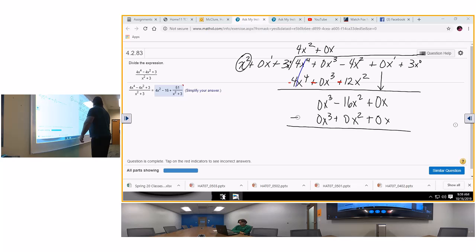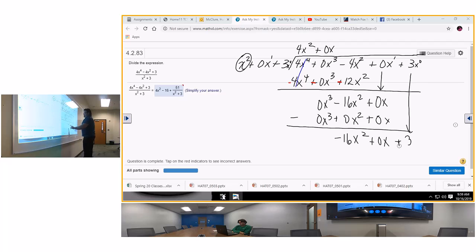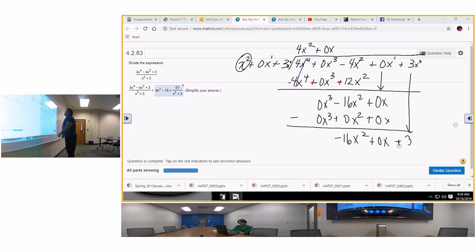Why? Because the 16 is going to come down. Negative 16 plus a negative 0 is negative 16. Plus 0x. And then the 3 comes down to help out. How many times will x squared go into negative 16x squared?